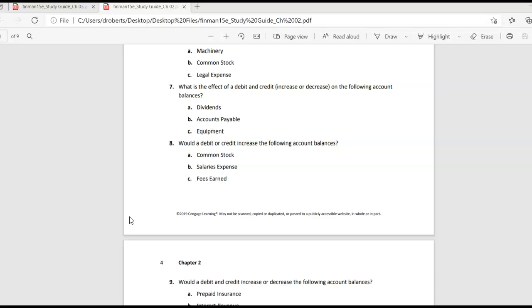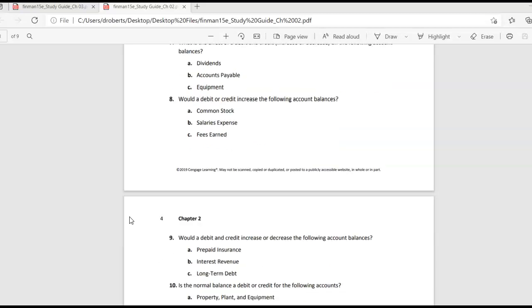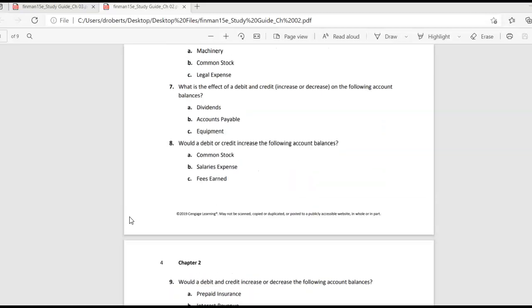What is the effect of a debit and credit, increase or decrease, on the following account balances? This one I want you to think through before I answer. What's going to be debit or credit on the following accounts? A dividend has a normal debit balance. So a debit will increase the dividend.